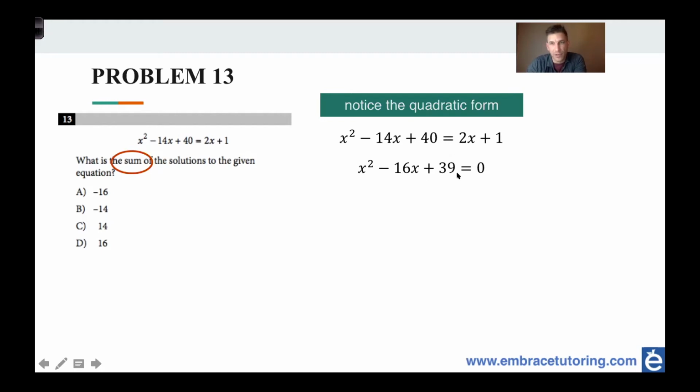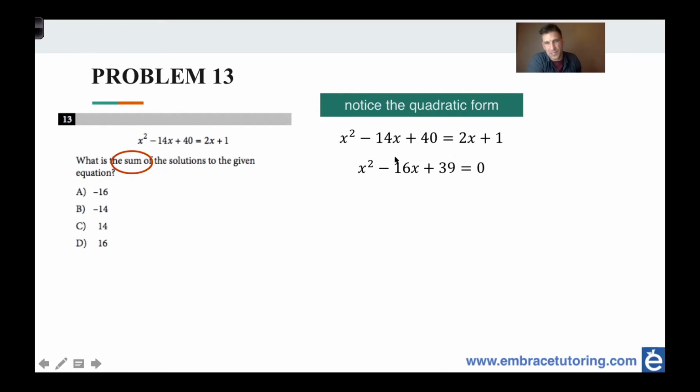Now remember, whenever you're factoring, you want to figure out what two values, when multiplied, will equal your last term, and when added will equal your middle term.